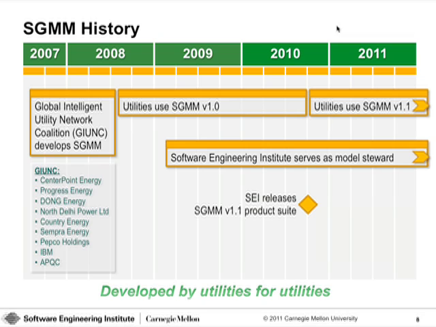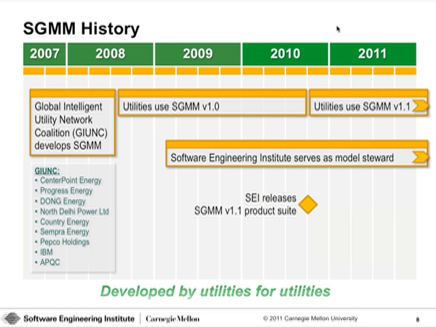In version 1.1, we enhanced the model content. Specifically, we enhanced security coverage in the model content. We refined the architecture of the model, and we fleshed out the model itself as part of a complete product suite that supported utilities in using the model to develop and track progress of roadmaps in their smart grid transformation.